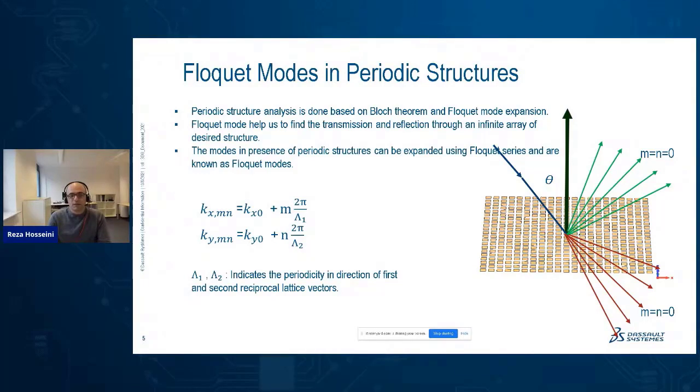We have the wave vector of the incoming wave plus the periodicity of the structure in the two directions. As shown here, gamma, lambda 1 and lambda 2 indicate the periodicity in the direction of the first and second reciprocal lattice vectors. Based on this analysis, you can find the transmission and reflection for the infinite array and for several Floquet modes.